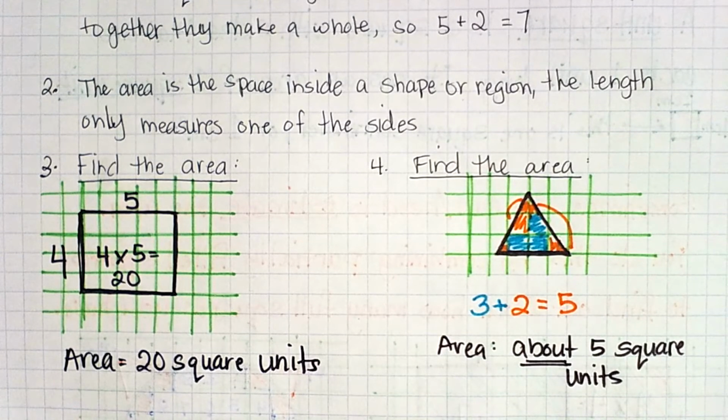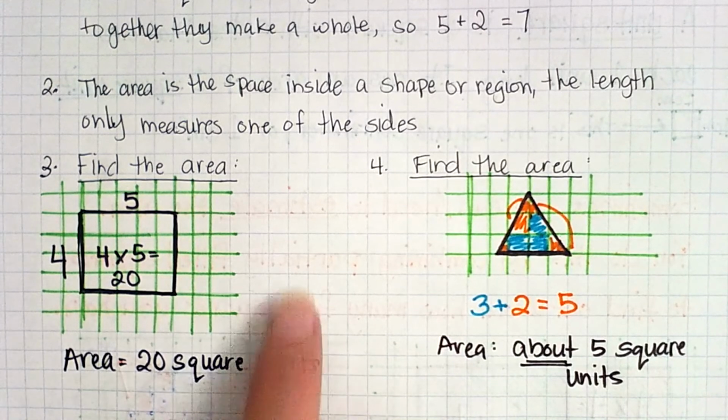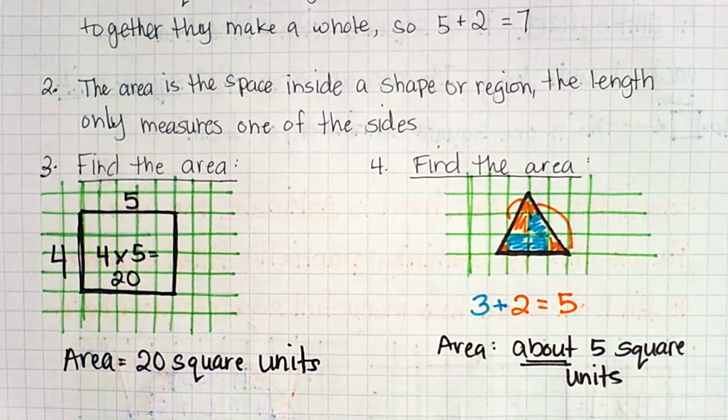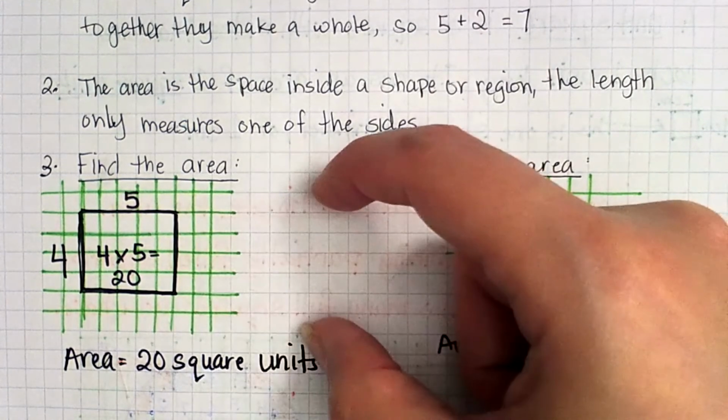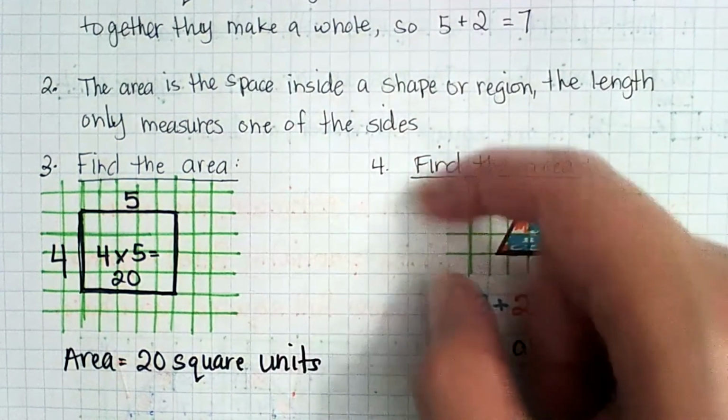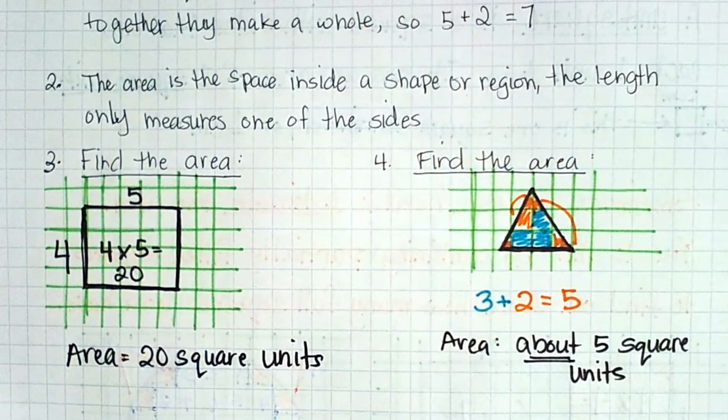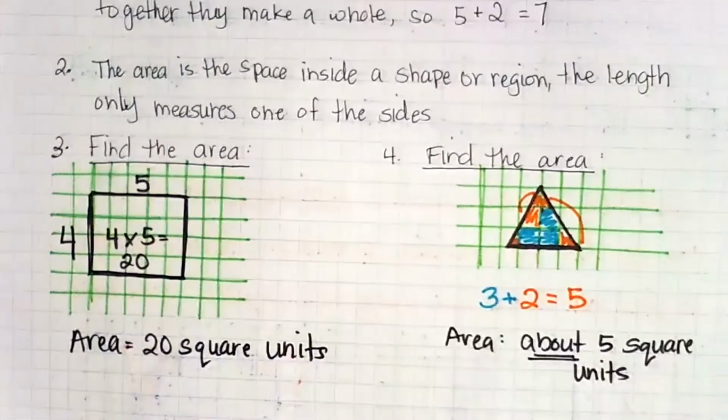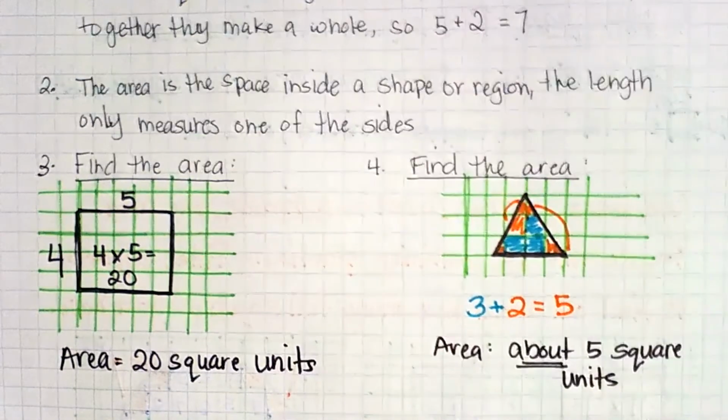So think about it, if you're using a small square, like one of the squares on this side, to cover an area, or if you're using a big square that measures maybe 5 of those on each side. The larger ones take up more space, so you need fewer of them to cover a region. The small ones take up less space, so you need more of them to cover a region.